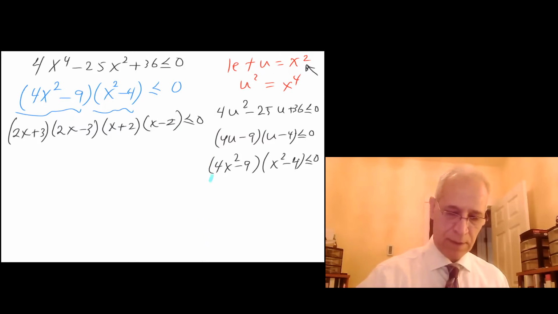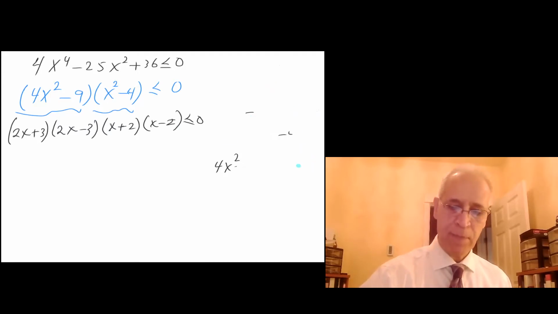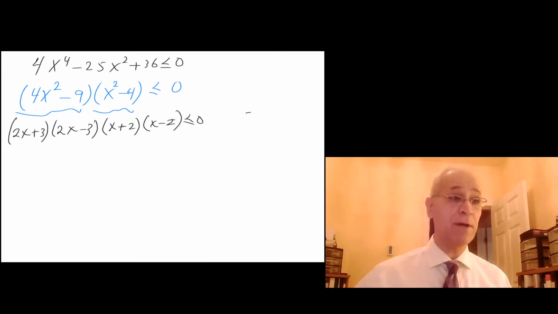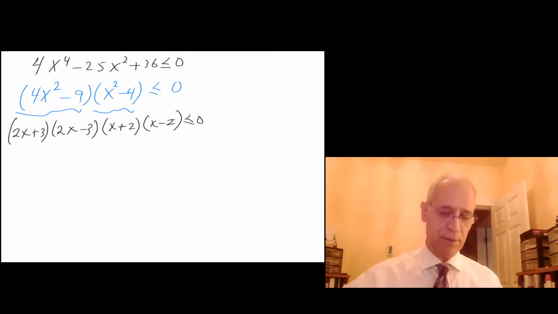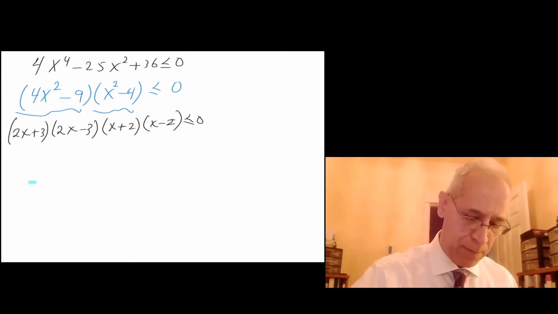And so let me just get rid of all this, give myself a little bit of room. And now I'm going to go ahead and put my number line using the critical points. And I think I'm running out of time.